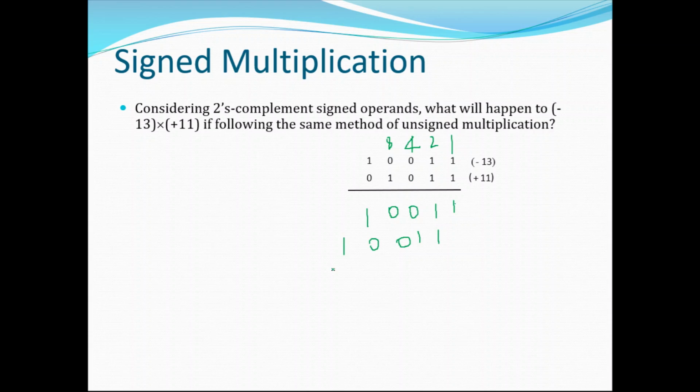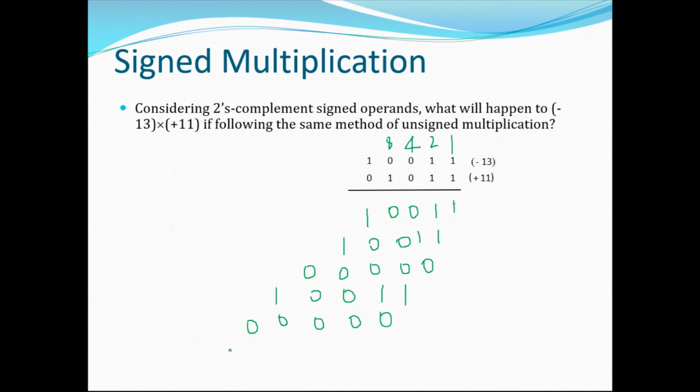Again multiply with 0, so you get zeros, 0 0 0 0 0, 5 zeros. Again multiply with 1, so you get 10011. 10011. Again multiply with 0, you will get 5 zeros, 1 2 3 4 5.